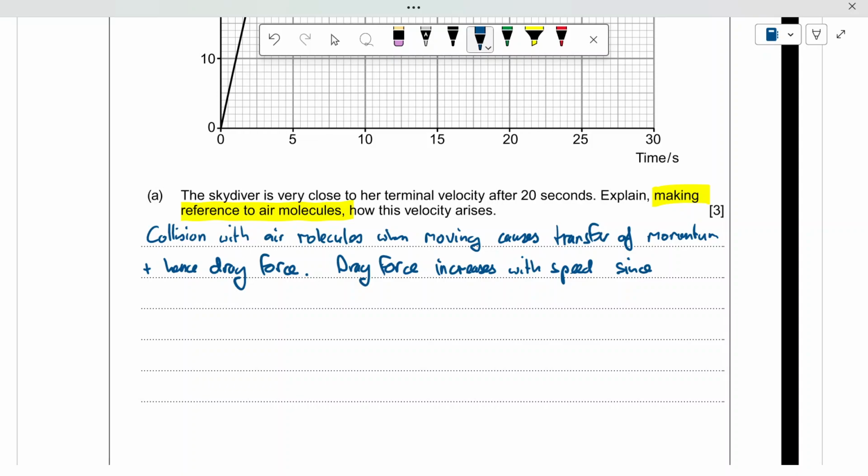So drag force increases with speed, since at higher speed we collide with more air molecules per second, and a greater momentum transfer with each collision as well.